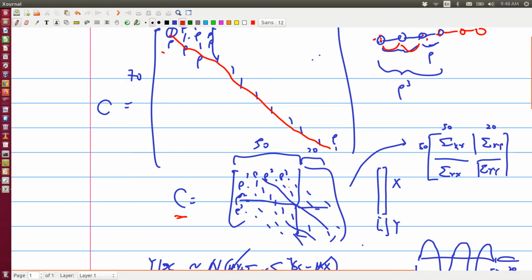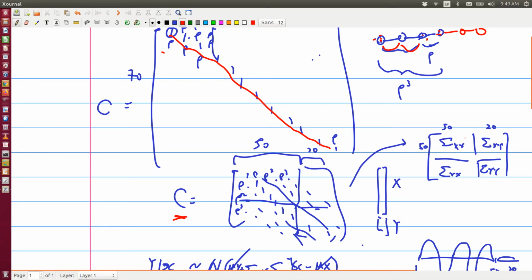Now we assume this is the coherence of all the signals, the 70 samples, and we are given the first 50 samples, so we will say the first 50 samples is x, and the next 20 samples is y. Then we partition the coherence matrix like this: sigma xx, sigma xy, sigma yx, and sigma yy.